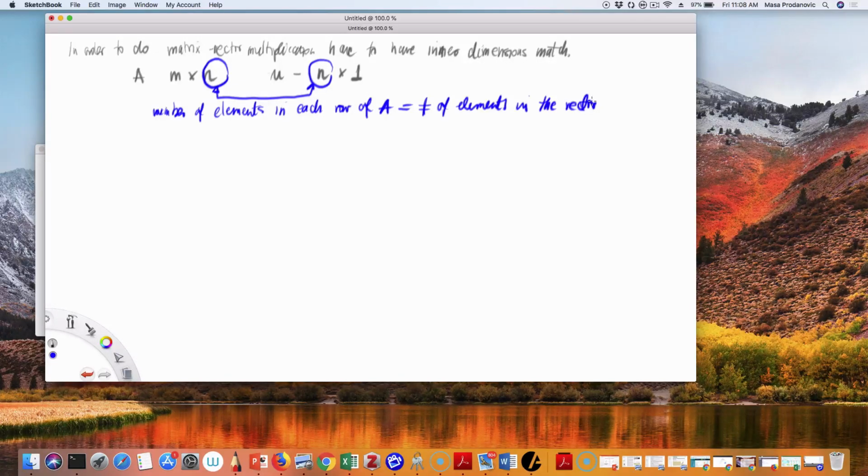Okay, so we can now extend this and not just do matrix vector multiplication. I can do matrix multiplication by using the same rule. I'm going to look at the second matrix that I'm multiplying with as a collection of vectors, and then do a bunch of matrix vector multiplications.